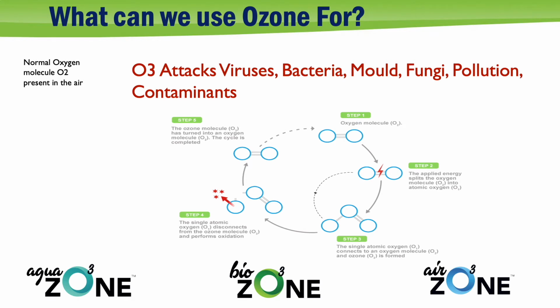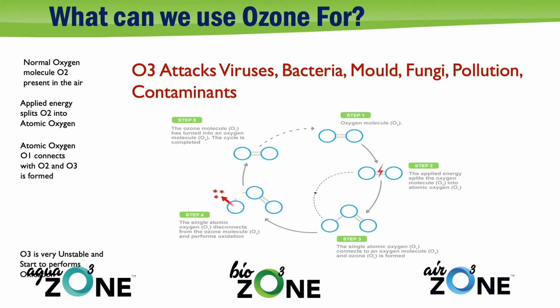Basically, it's a normal oxygen molecule present in the air, which, when energy is applied to it, splits into 2 atomic oxygen atoms, and those atomic oxygen O1s connect with a separate O2, which then makes an O3 molecule.